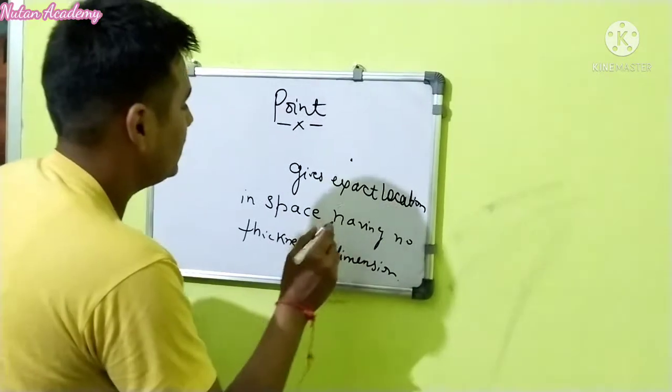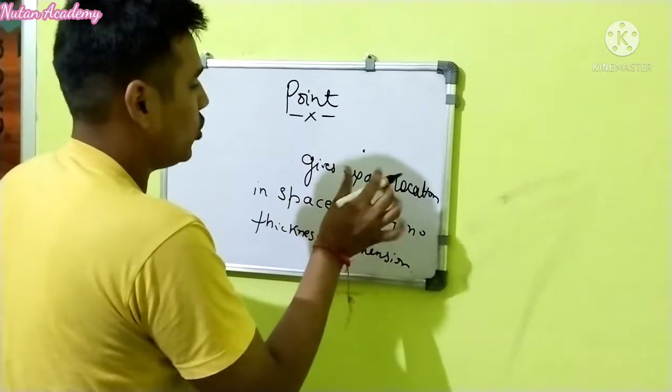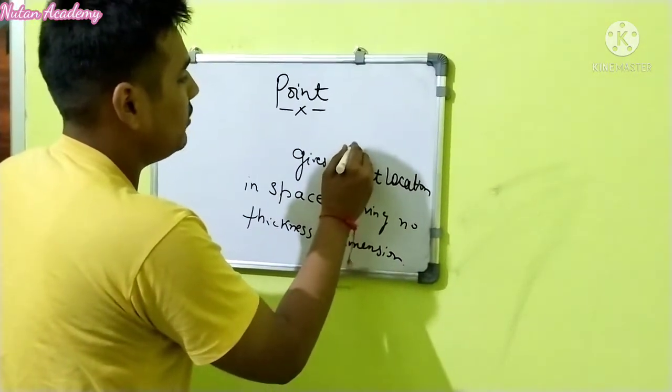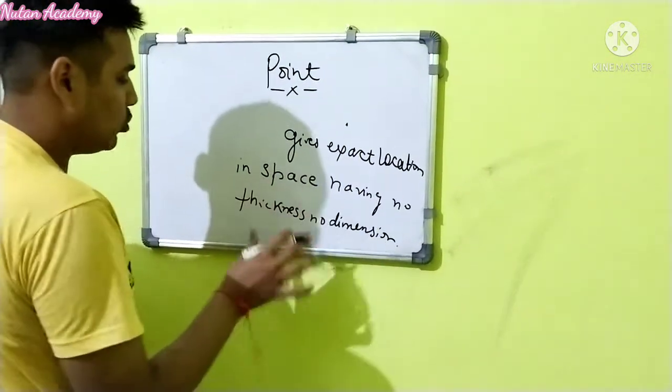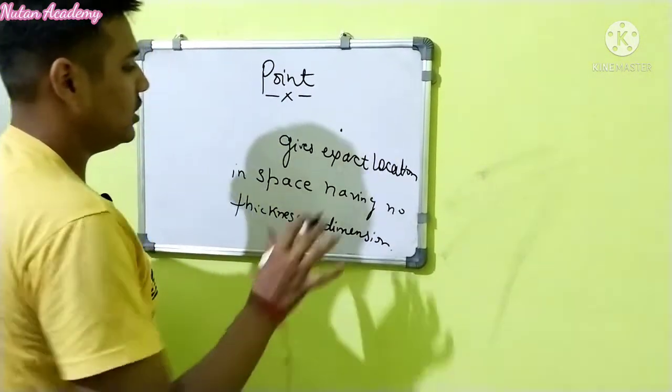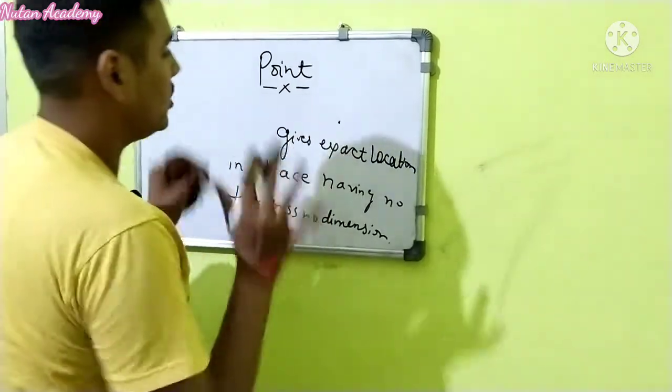So what is point? The point is an exact location. It always gives the detail about exact location in a space having no thickness and no dimension. So we all of us are clear about this term point.